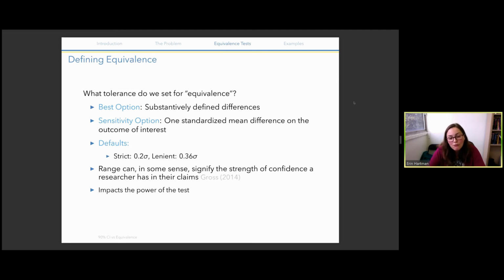One of the points that came out of the negligible effects literature is that this range can, in some sense, allow the researcher to signify the strength of and confidence in their research design and therefore in their claim, right? So if a researcher comes to you and says, I set the range really, really wide, they made their test in some sense easier on themselves, versus if they made the range really, really small, then they've set the bar really high.